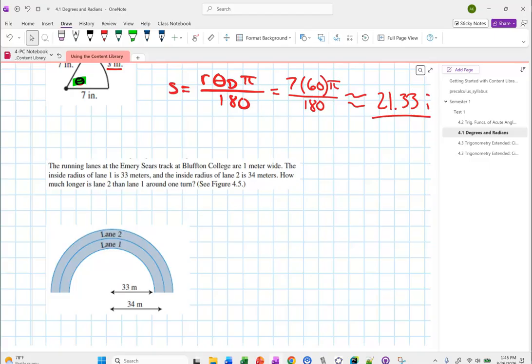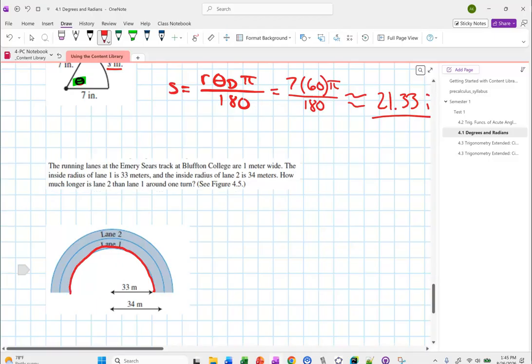So what it's saying, if I look at the picture they provided for us, if you're running along a curve and you want to be as efficient as possible, where would you be running? Lane 1, on the inside of the curve, right? So the shortest distance I can travel in lane 1 would be this distance.